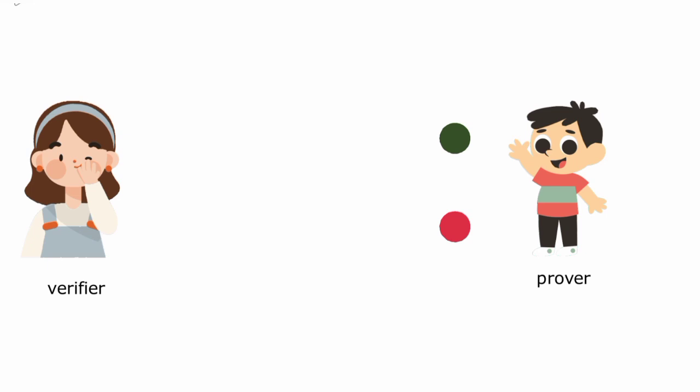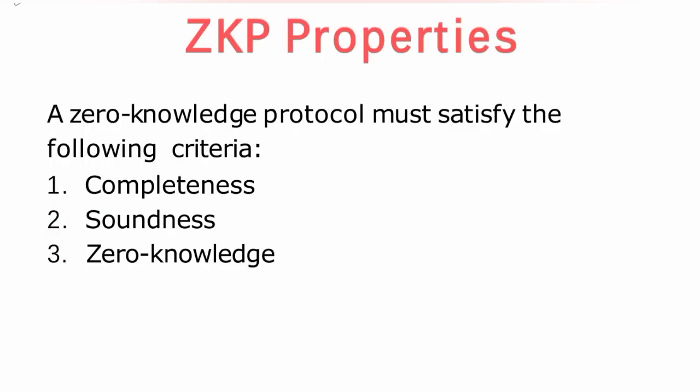Now let us see how zero knowledge proofs work. A zero knowledge proof allows you to prove the truth of a statement without sharing the statement's contents or revealing how you discovered the truth. To make this possible, zero knowledge protocols rely on algorithms that take some data as input and return true or false as output.